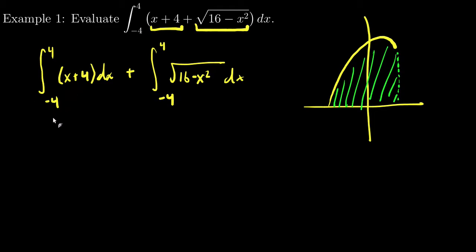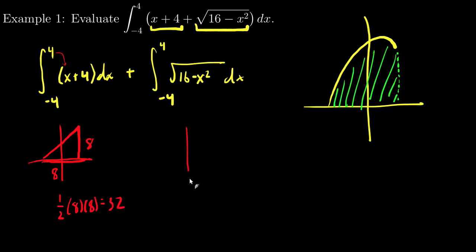And this right here forms a triangle with base from -4 to 4 being 8 units long. The height over here occurs when I put the upper limit into the integrand, and that's going to be 8. And so this signed area is 1/2 times 8 times 8, which will be 32.